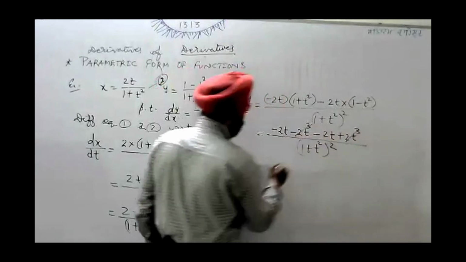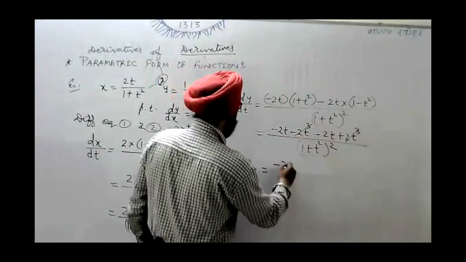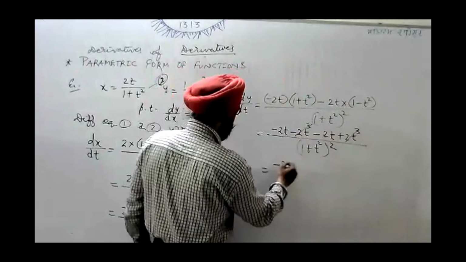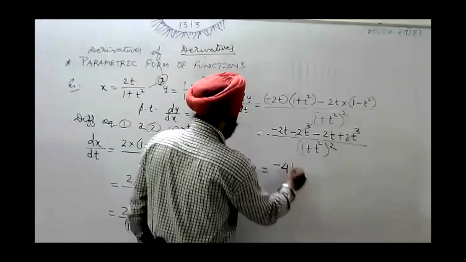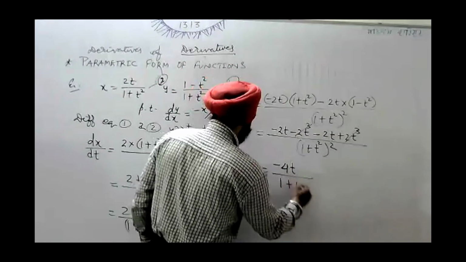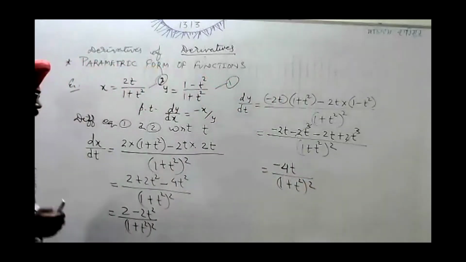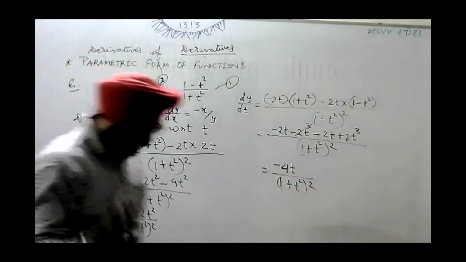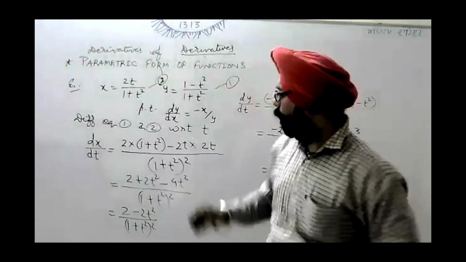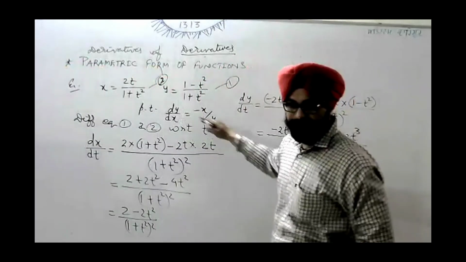These two terms cancel out. We are left with minus 2t and minus 2t, minus 4t upon 1 plus t square whole square. These are the values of dy by dt and dx by dt. Target is to prove this relation.